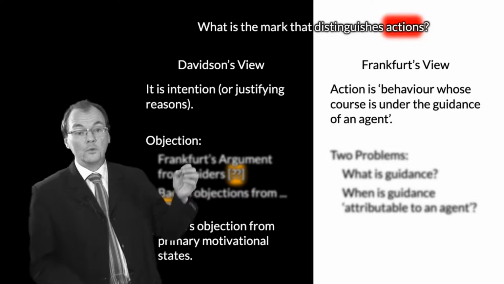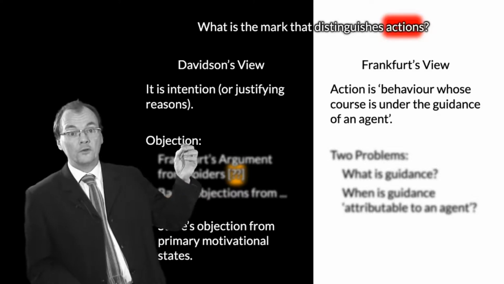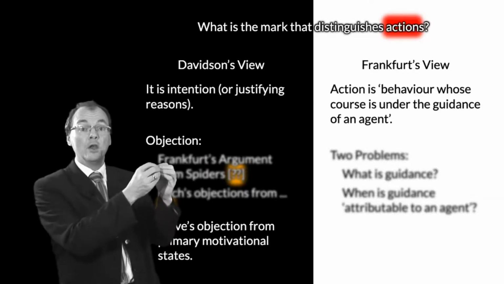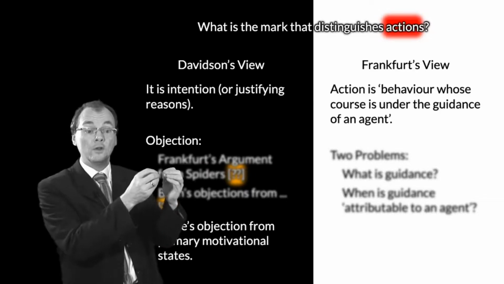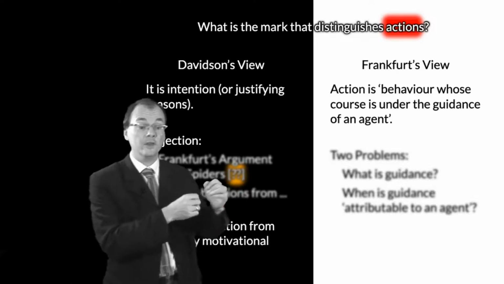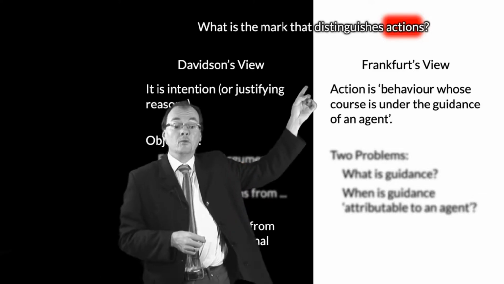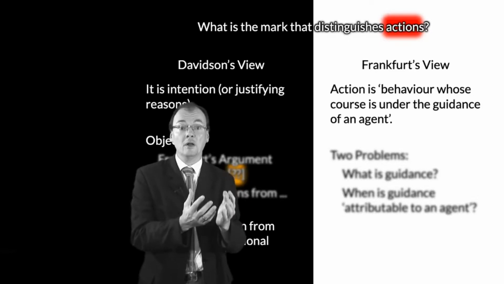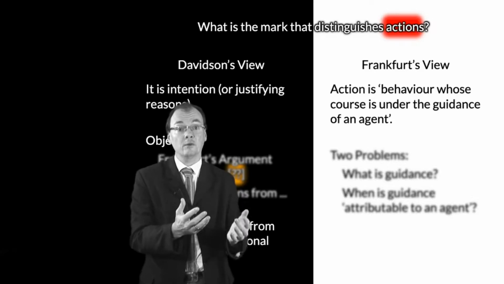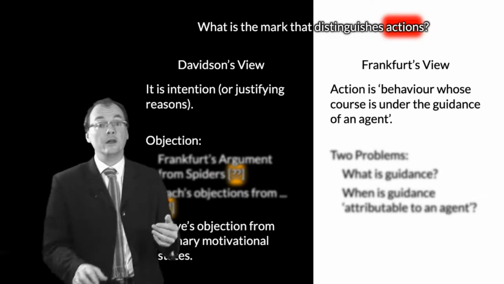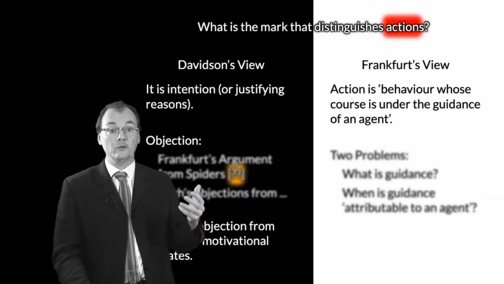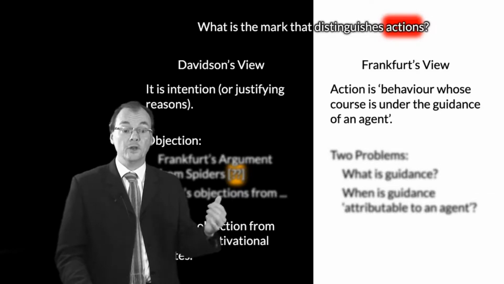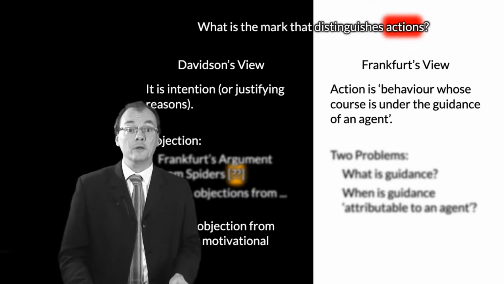I think that reflection on the distinction between different kinds of motivational states and the way that they can pull against each other in the life of a single animal, a human or a rat, indicates that it was wrong of us to formulate the question in a way that expects a kind of binary answer, a single mark, a single contrast between actions and things which are not action. Instead, we should recognise that there are different kinds of motivational state, different patterns of explanation, correspondingly different kinds of action, and therefore multiple marks to be had.